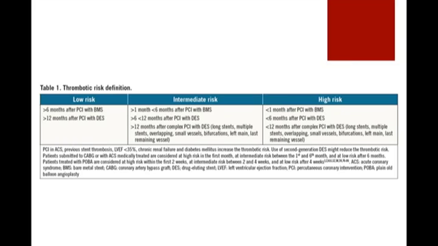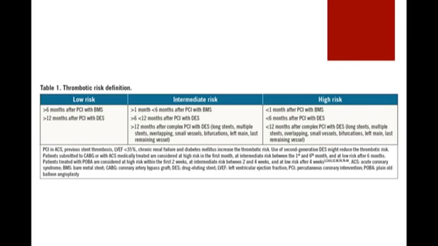Some clinical features that indicate higher risk of stent thrombosis are patients who had PCI in the setting of acute coronary syndrome as compared to stable coronary artery disease, patients who are diabetic, chronic renal failure patients, patients with congestive heart failure, and low ejection fraction of less than 35%. Those are patients who are at a higher risk for stent thrombosis if you interrupt their dual antiplatelet therapy perioperatively and definitely prematurely.